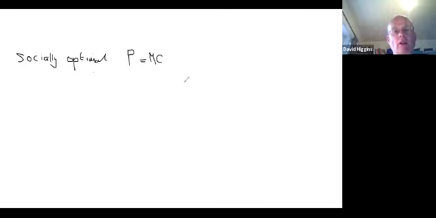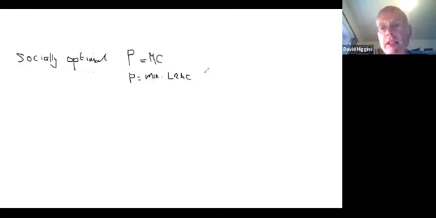And we're also dealing with the situation where price is equal to minimum long run average cost. So those two conditions are required for socially optimal pricing.